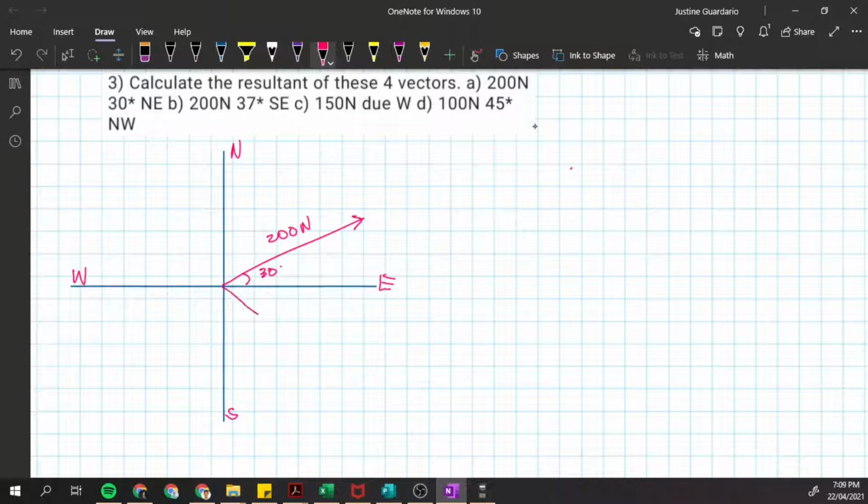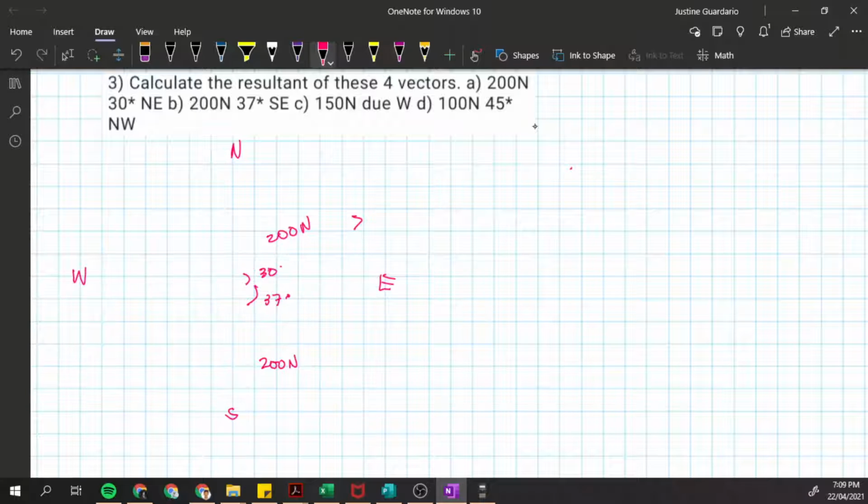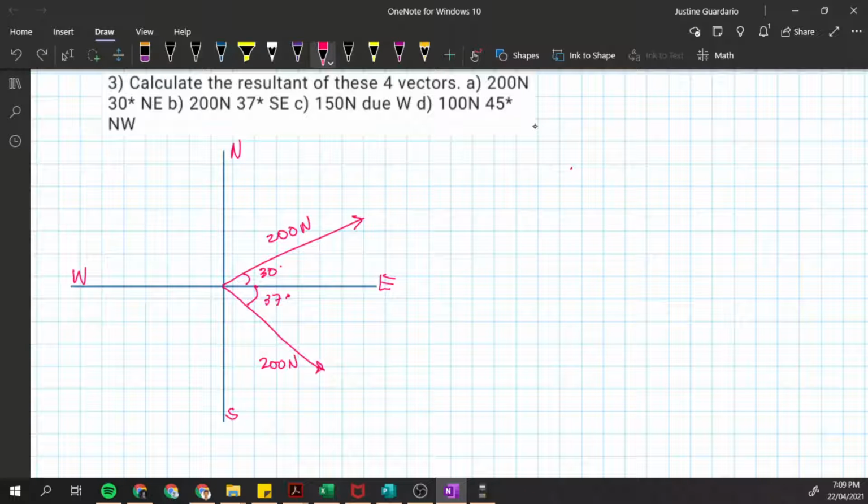So, i-draw lang ulit natin yon. Okay. We have here 37 degrees. Ang haba nito is 200 Newton. Then, we also have 150 Newtons due west. So, starting from origin, papunta sa ating west. Okay. So, naglalay siya sa negative x-axis. So, ang haba nito is 150 Newton.